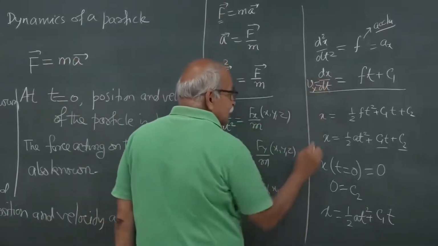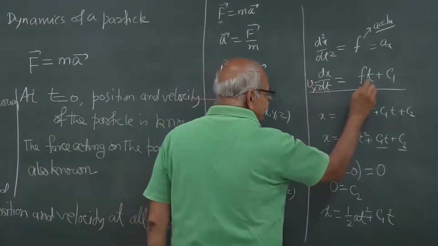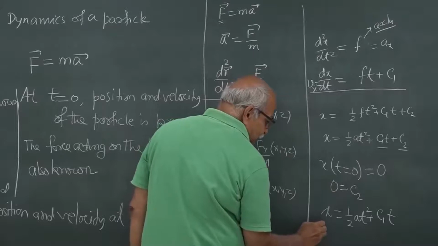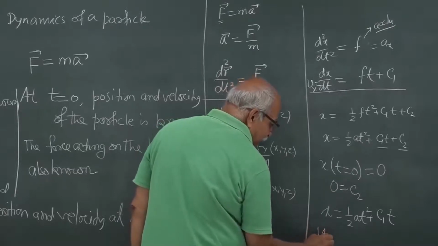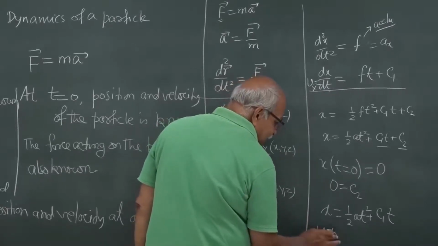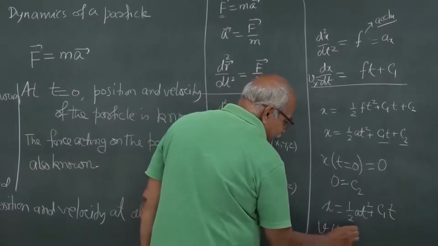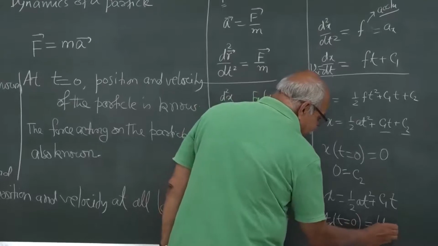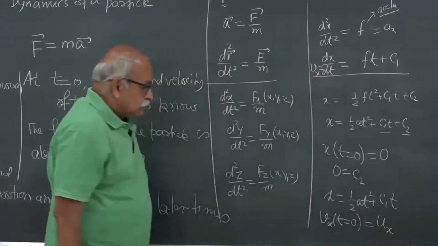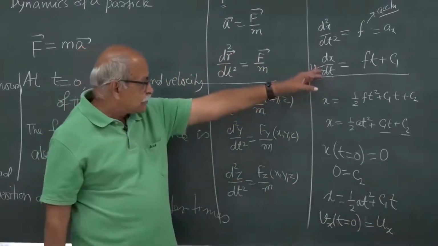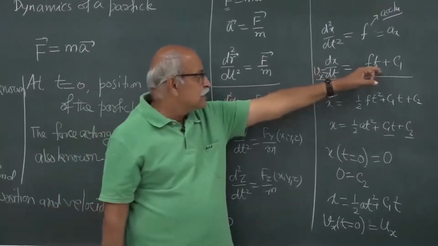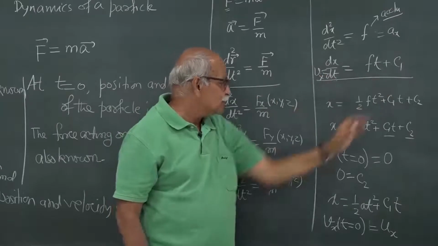So, if I use this information that at t equal to 0, the x component of velocity is known, and I call it ux, then I can use this equation, ux is equal to, and put t equal to 0, ux is equal to c1.